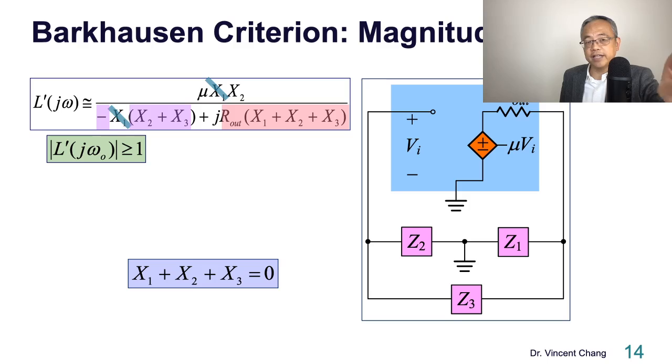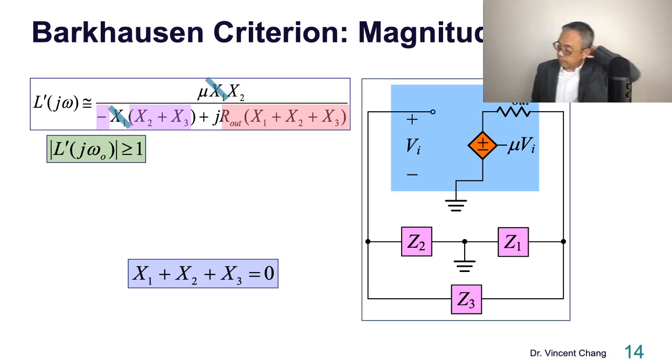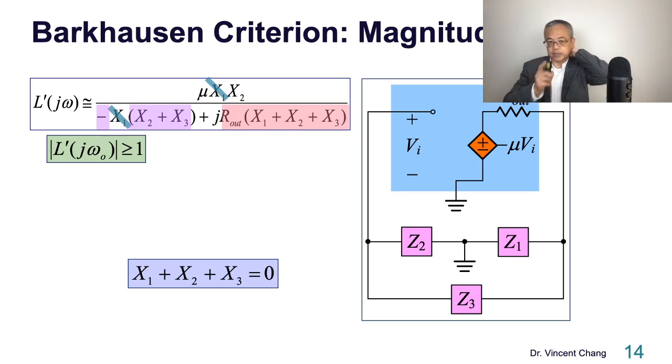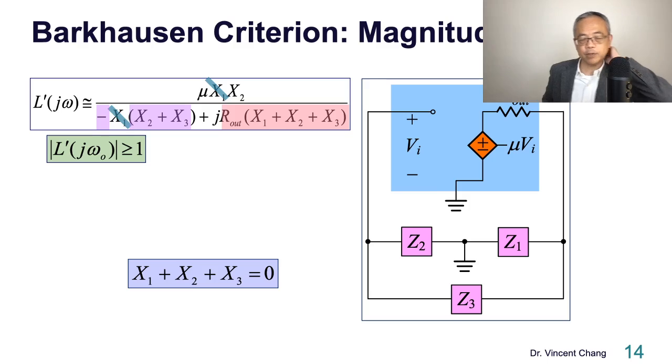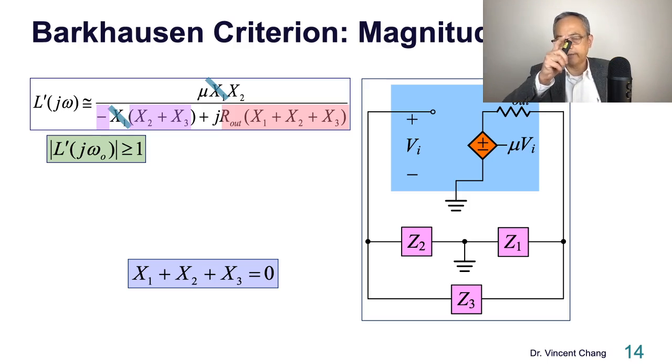The purple just wants to remind you, this purple equals X1 at the frequency of oscillation, when oscillation happens. So mu times X2 divided by X1 is greater than or equal to 1.